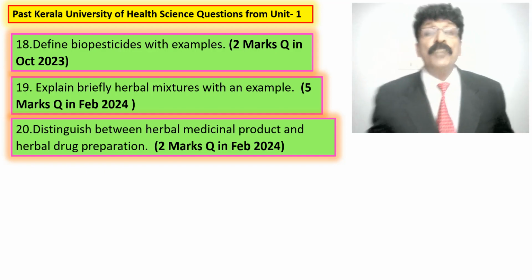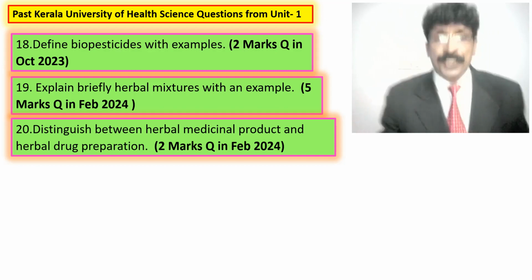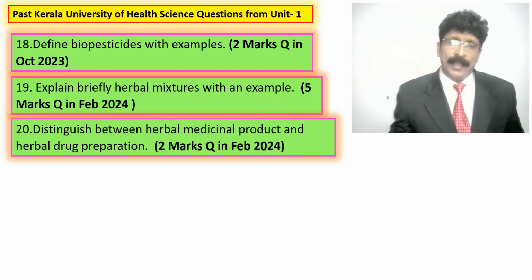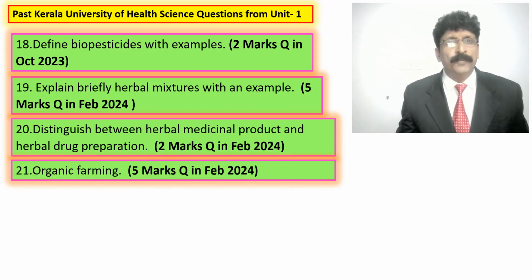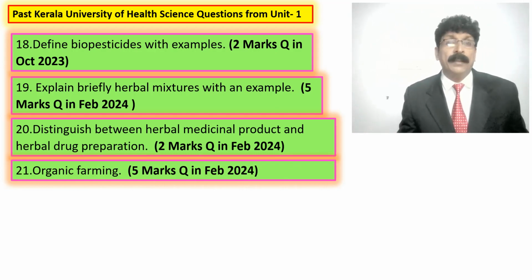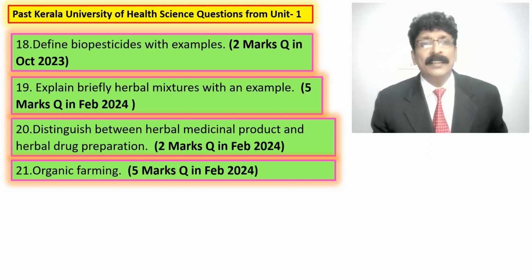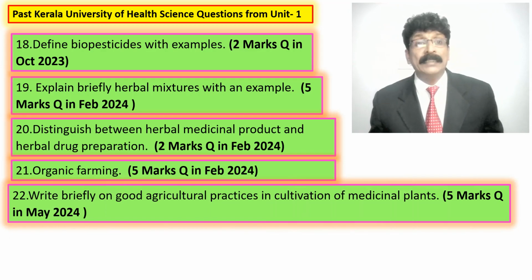And distinguish between herbal medicinal product and herbal drug preparation, a 2-mark question in February 2024. And in the same February 2024, they have asked again a 5-mark question: organic farming. You see the patterns in how they are asking.